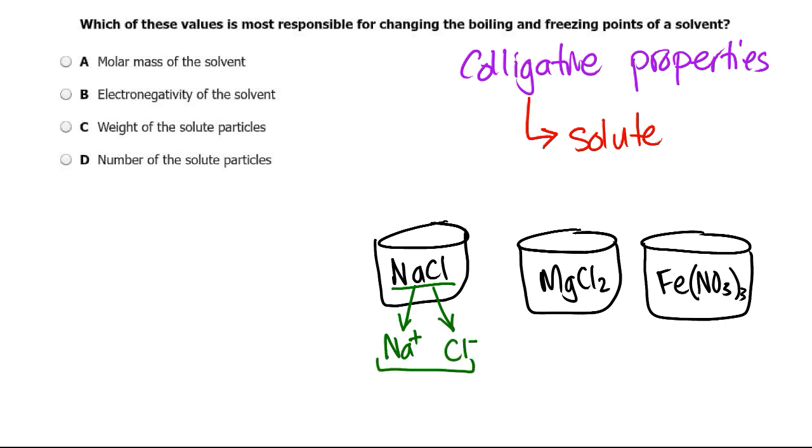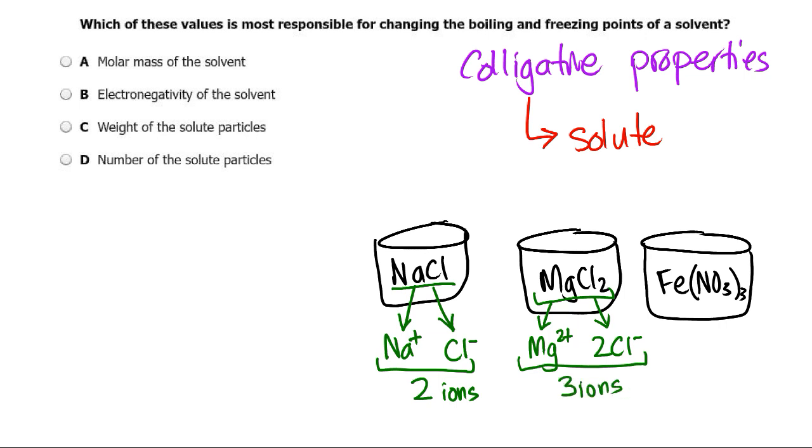That is 2 ions. Magnesium chloride separates into magnesium 2 plus and 2 chloride minus ions. The total number of ions is actually 3 ions in that solution per mole of solute. And then iron 3 nitrate separates into an iron 3 ion and 3 nitrate ions, where a total of 1 plus 3 is 4 ions.